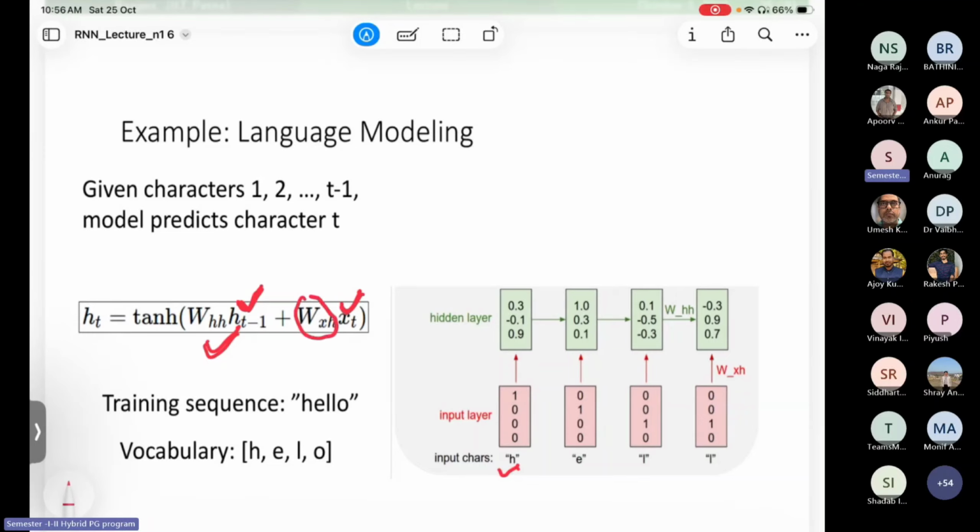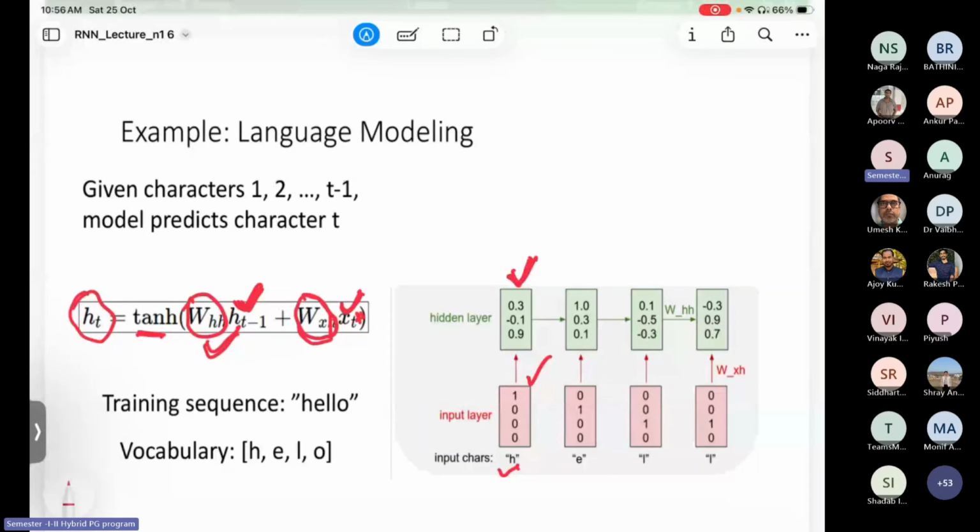And these two are fully connected layers. So WHS is getting multiplied with this HT minus one, and this is multiplied with the XT, your current input like X1 here, and then you are also adding bias here, and then you are applying tanh, and then you are getting this HT, and in this case it is H1.